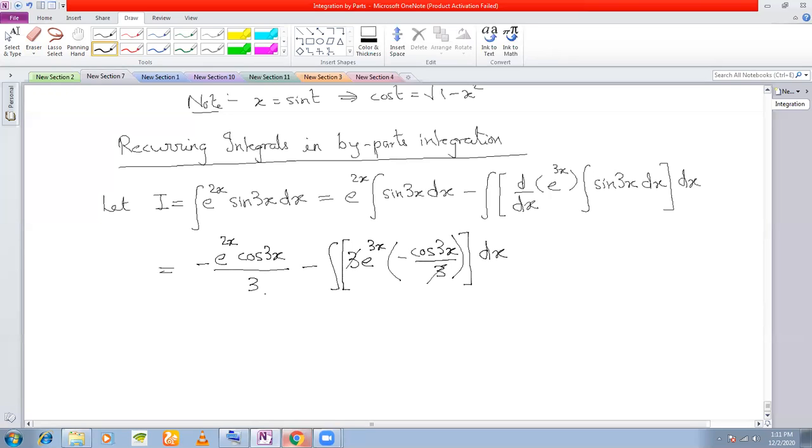This 3 cancels off. So what do I get? Minus e to the power of 2x cos 3x by 3 minus integral, minus and minus combined give you a plus, e to the power of 3x cos 3x dx.